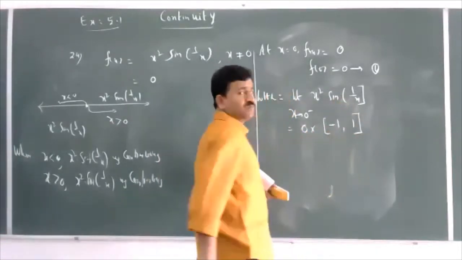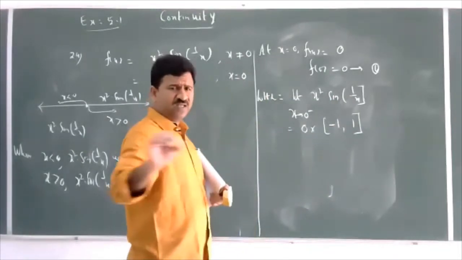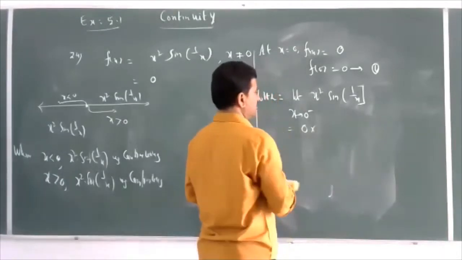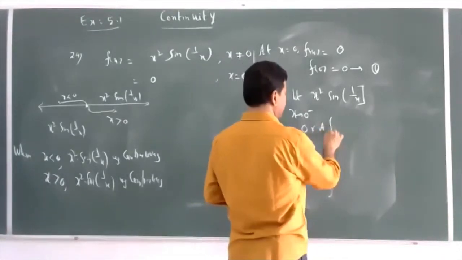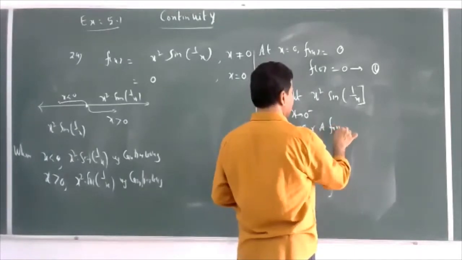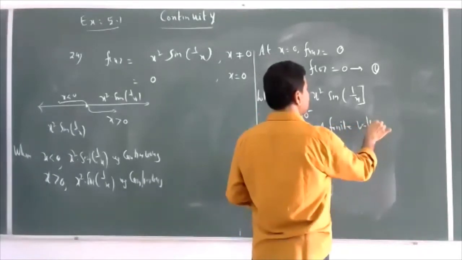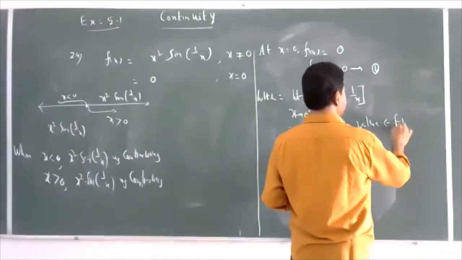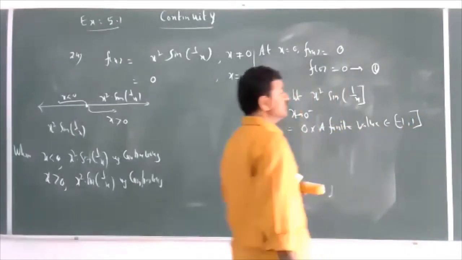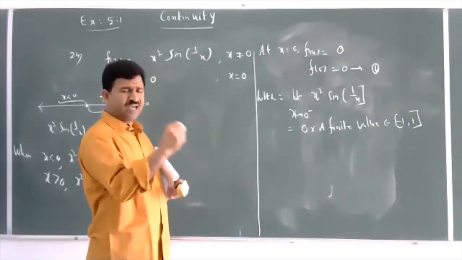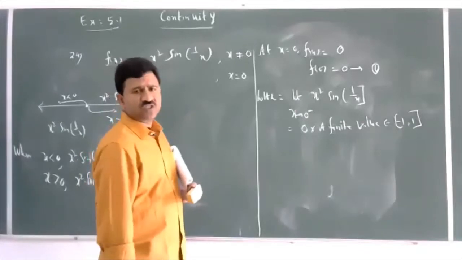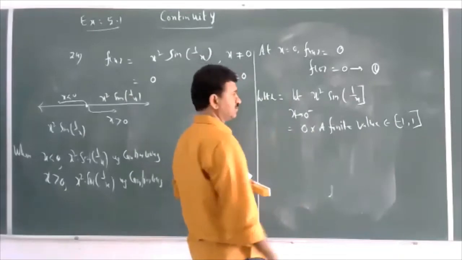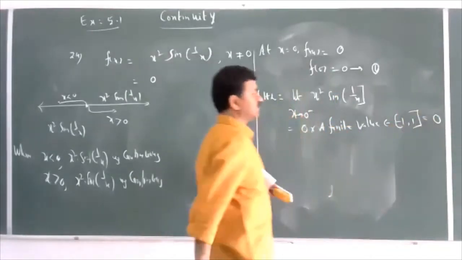So it is a finite value between -1 and +1. Note that 0 into a finite value is always 0. So the left limit value is 0.